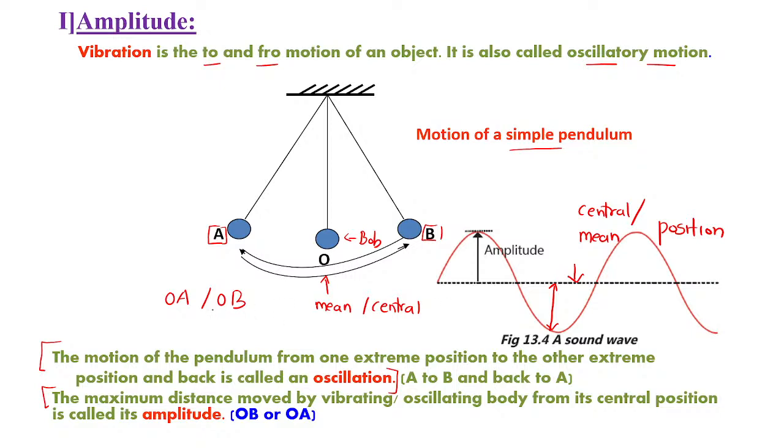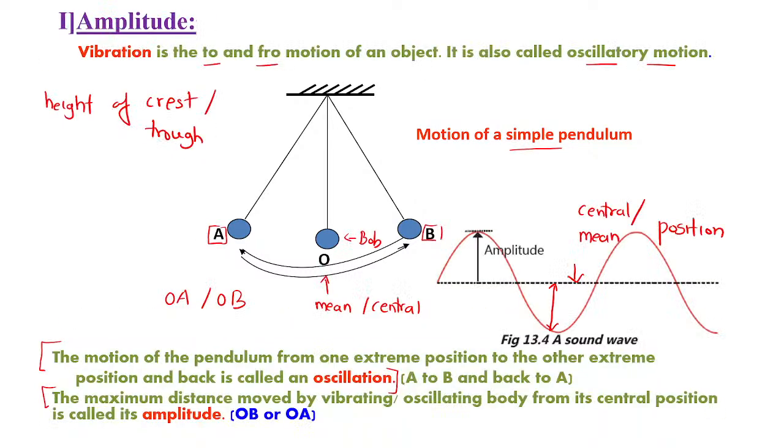So either O to A or O to B will be the amplitude. In terms of a wave diagram, it is the height of a crest or the height of a trough. Understood this part? Is it clear?